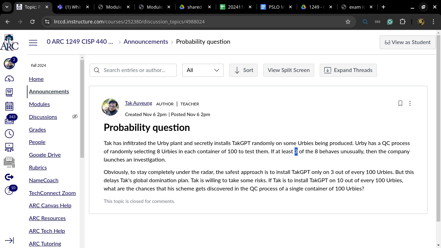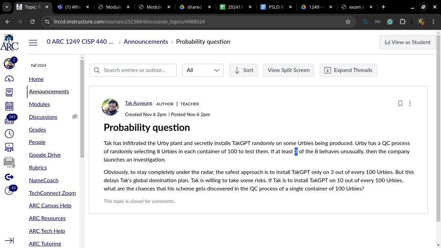So in this case, I am trying to install TAC GPT illegally on these Urbies, and the safest way to do this is to install it on no more than 3 Urbies.